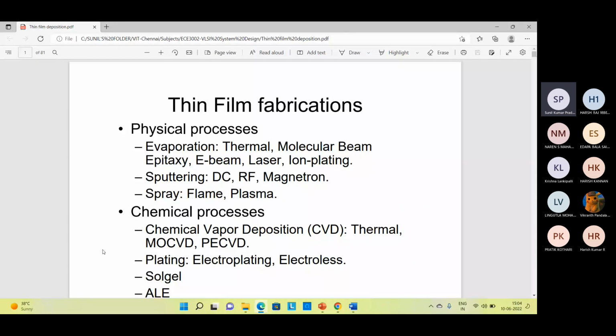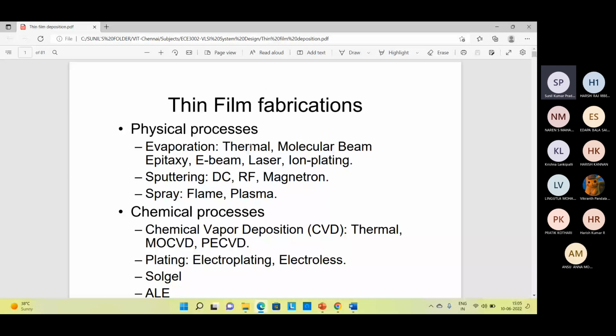So thin film fabrications are categorized into two categories: one is physical processes, and second is chemical processes. Under physical process, there are three categories: one is evaporation, second is sputtering, and third is spray. Under evaporation, there are thermal evaporation, molecular beam epitaxy, electron beam evaporation, laser evaporation, and ion plating evaporation.